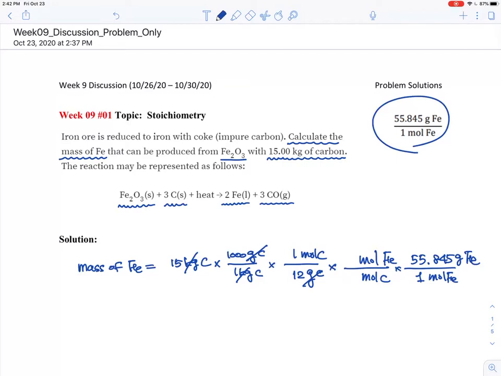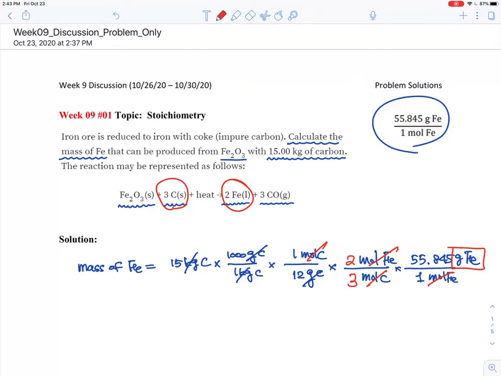And if you look at the stoichiometry, 3 moles of carbon produce 2 moles of iron. So this is 2 over 3. That's the number.